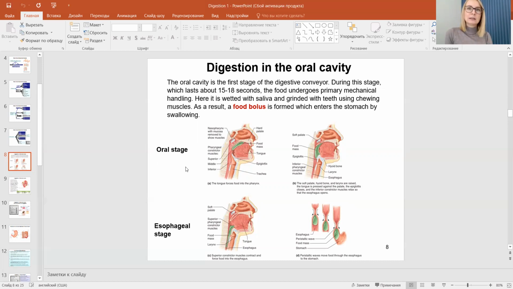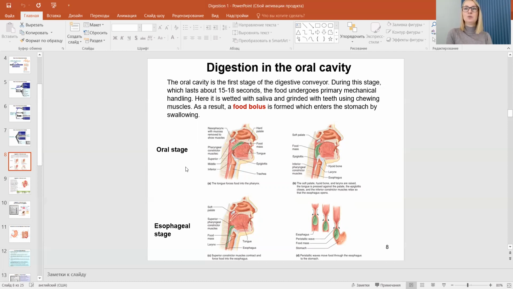The oropharyngeal stage, or oral stage, lasts about 1 second and consists of moving the bolus from the mouth through the pharynx and into the esophagus. When the bolus enters the pharynx, it must be directed into the esophagus and prevented from entering the other openings that communicate with the larynx. In other words, food must be kept from re-entering the mouth, from entering the nasal passages, and from entering the trachea.